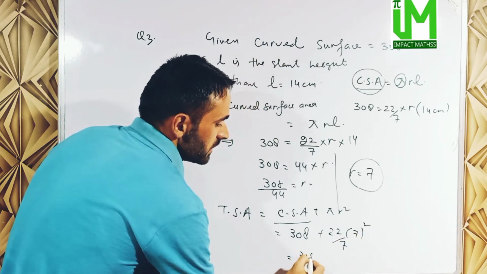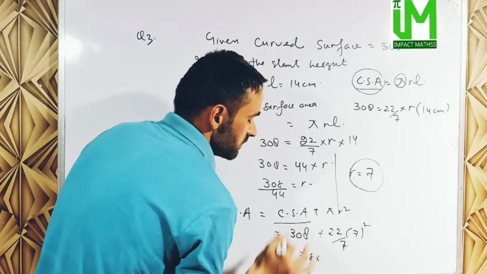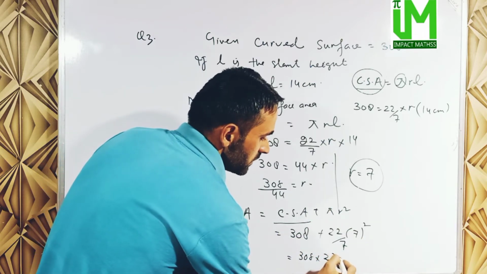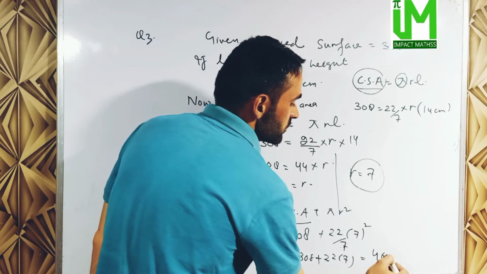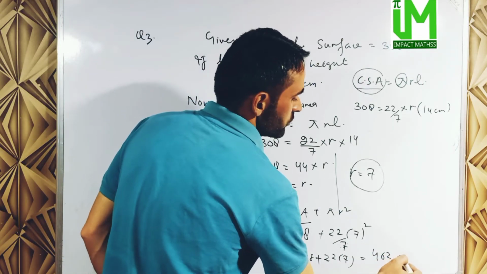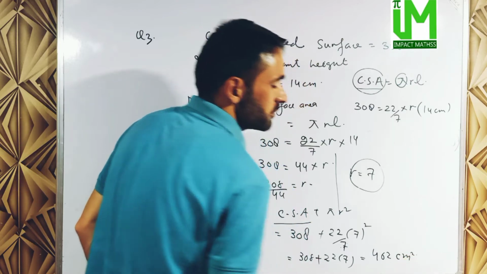So it is 308 plus 22 into 7, and simplifying, it will be 462 centimeter square.